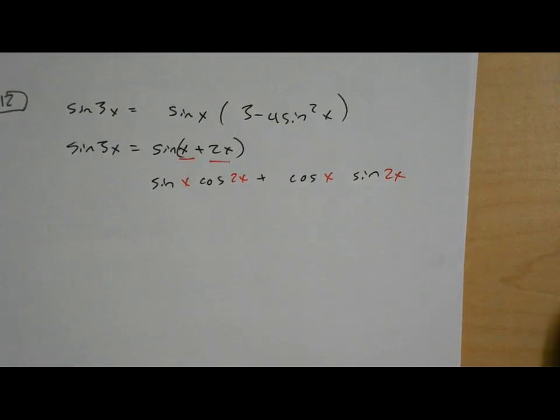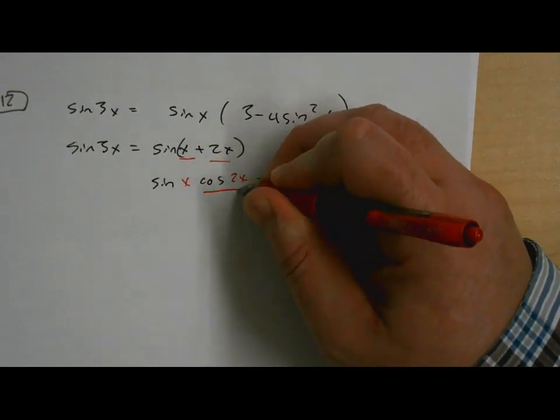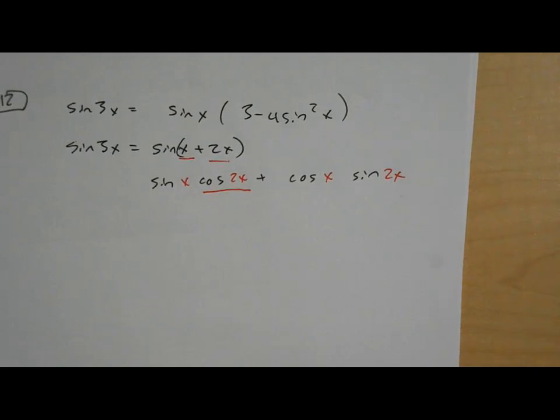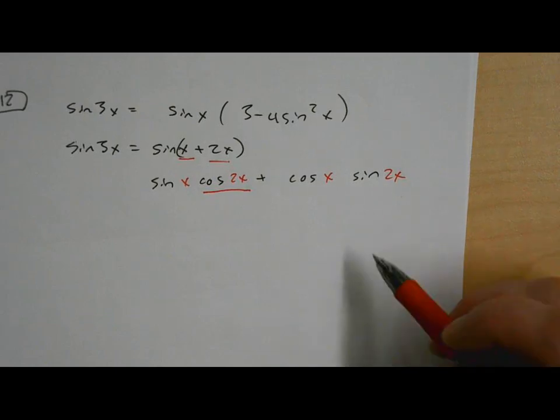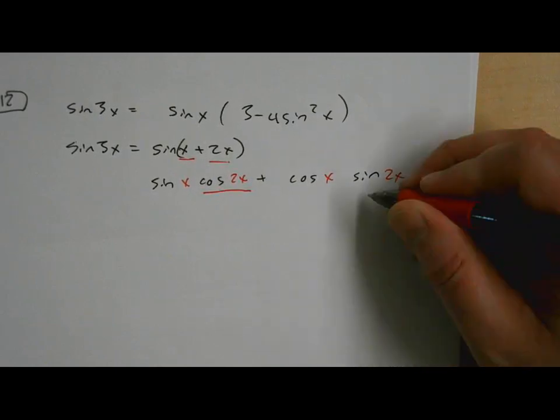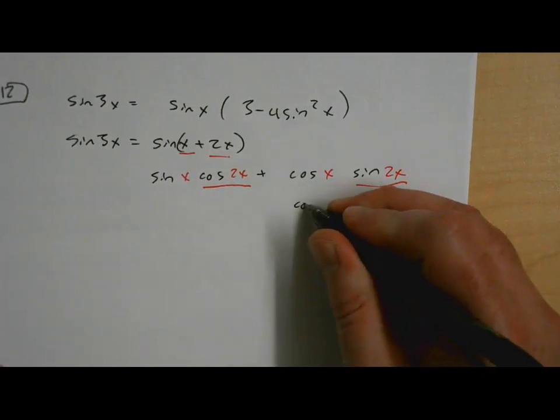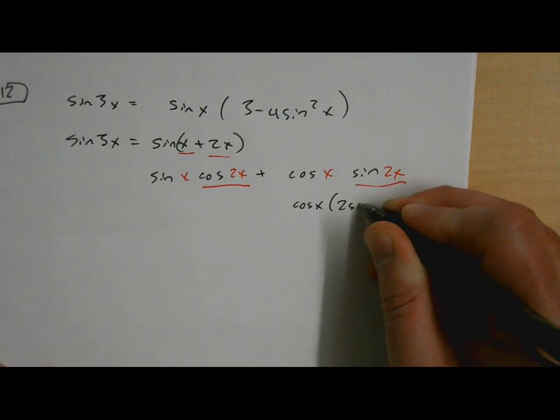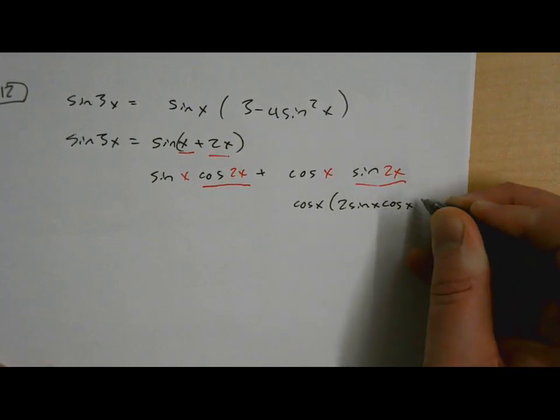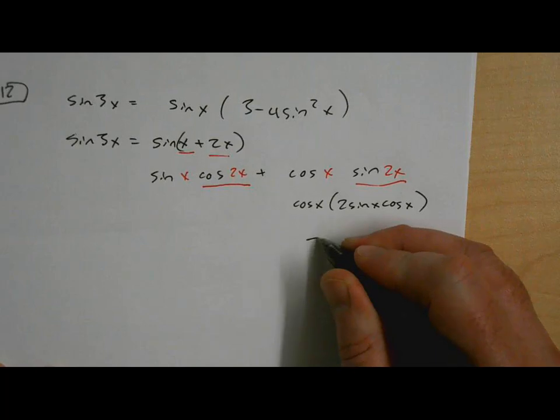So this is another one where I'm not too sure what to do with this cosine 2x. We've got three options for that, so I'm going to work out this part of it because there's only one option for sine 2x. That's 2 sine x cosine x. Let's work out this and see where it gets us.